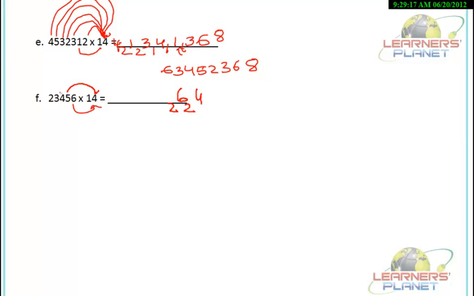Then 4 fours are 16 plus 5, 21. Then 3 fours are 12 plus 4, 16. Then 2 fours are 8 plus 3, 11. And 2 as it is.